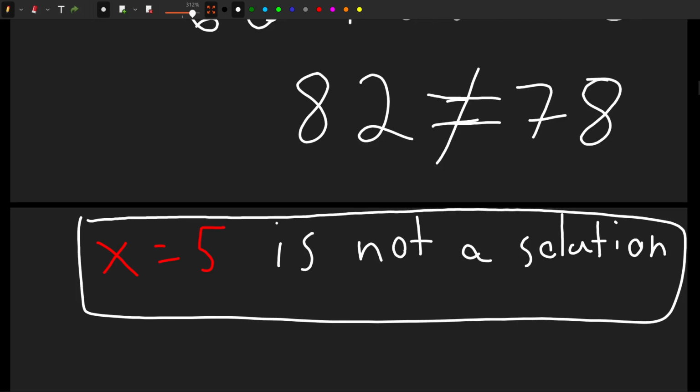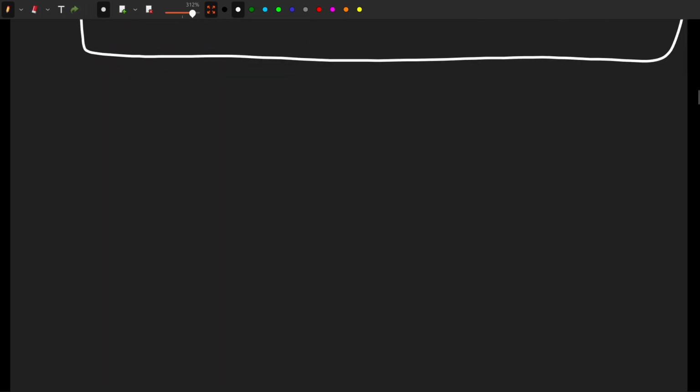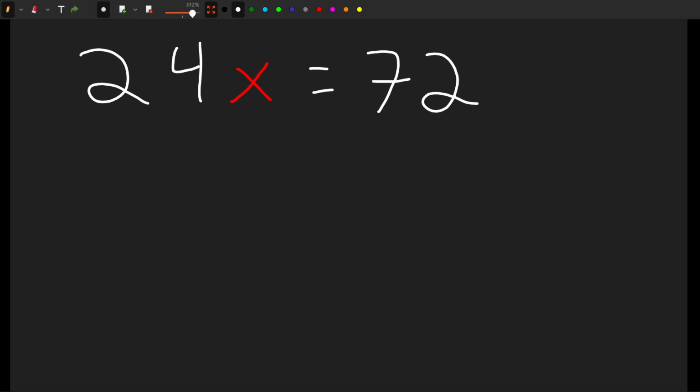The last three problems we're going to do here is we're just going to be solving for x. So the first problem we have is 24x is equal to 72. In order to solve for x, I'm going to multiply both sides by 1 over 24.